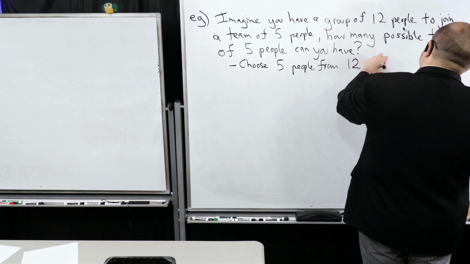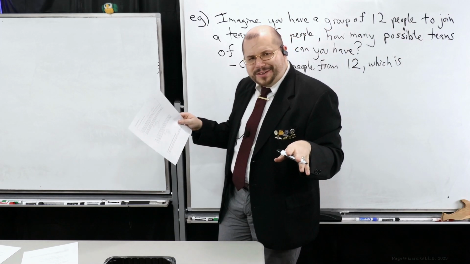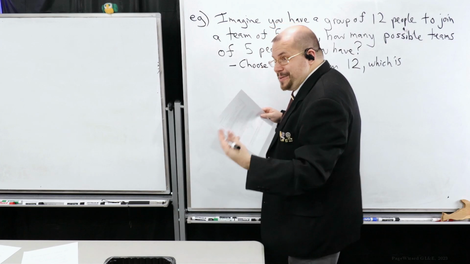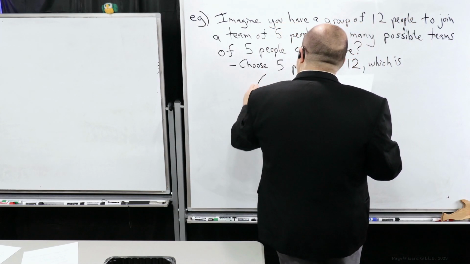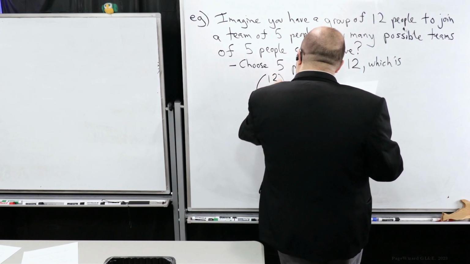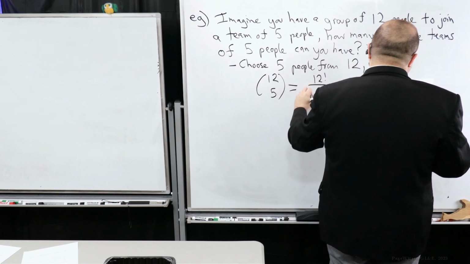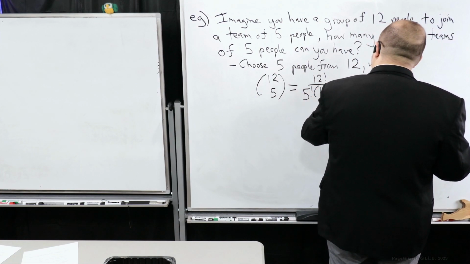Remember, we don't care about the order in which we pick them, right? So we're talking about combinations, not permutations. We just care that we pick the people, not what order we pick them in. So we have 12 choose 5, which is 12 factorial over 5 factorial times 12 minus 5 factorial.